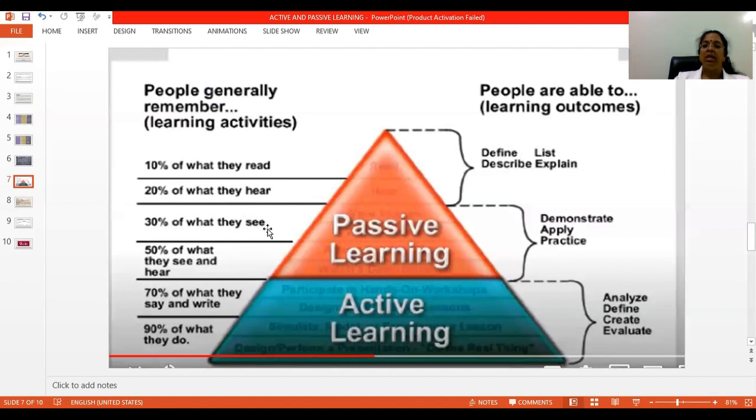The learning outcome is very feeble in the case of passive learning. Whereas in active learning, 70 to 90% of the learning outcome is observed because the students analyze, define, create, evaluate, synthesize, and go for higher order thinking skills.